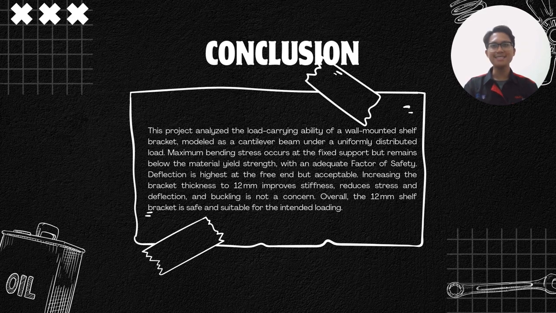Deflection is highest at the free end but acceptable. Increasing the bracket thickness to 12 mm improves stiffness, reduces stress and deflection, and buckling is not a concern. Overall, the 12 mm shelf bracket is safe and suitable for the intended loading.